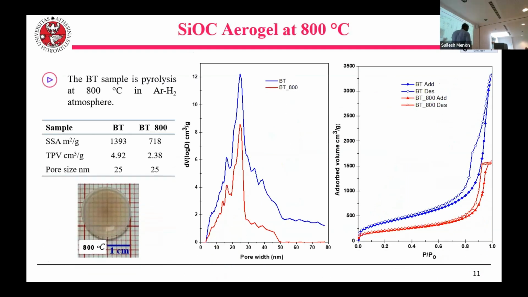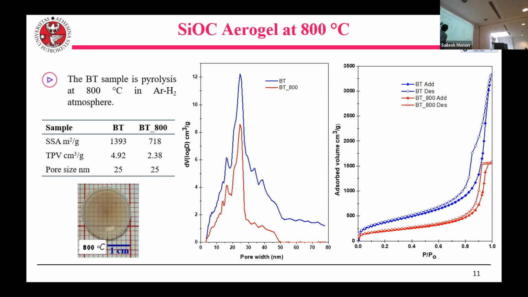As I said, normally to investigate the effect of pyrolysis temperature on the surface area and the total pore volume, only one sample is pyrolyzed in argon-hydrogen atmosphere at 800, and we observe that initially at room temperature, the pre-ceramic aerogel has a wide pore size distribution, but if it is pyrolyzed at 800, normally larger pores shrink a lot, and therefore all the pores are in the mesoporous range.